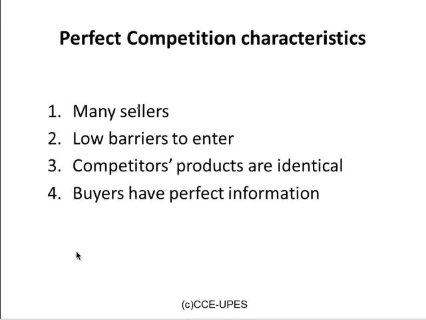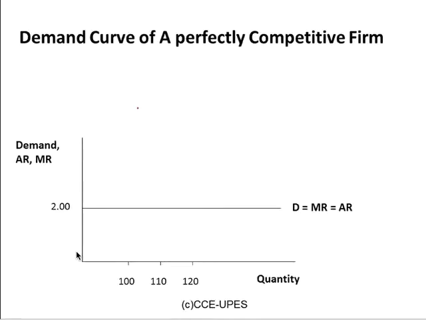And we assume that the buyers have perfect information about the products, perfect information about the market, the prices all around the market, and they make the wise choice. The demand curve in such a competitive market takes the shape of a line parallel to the horizontal axis.